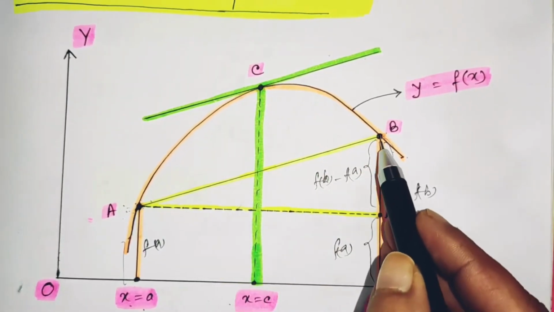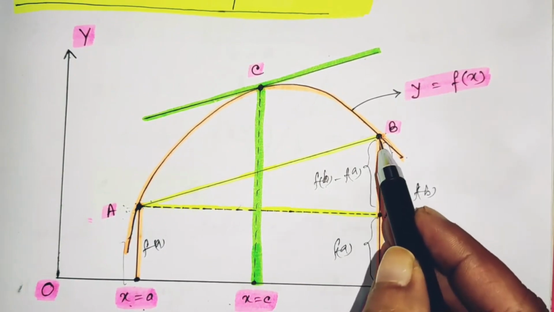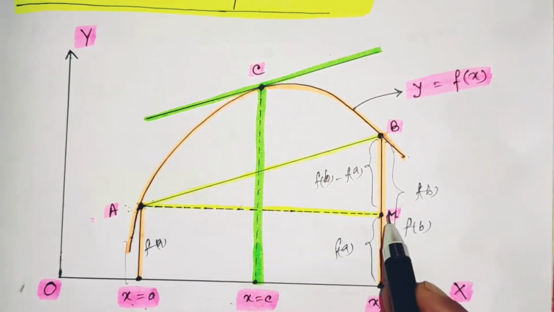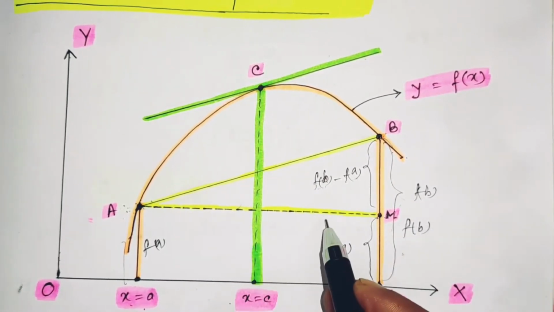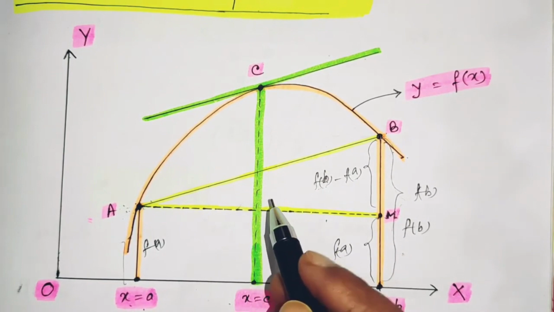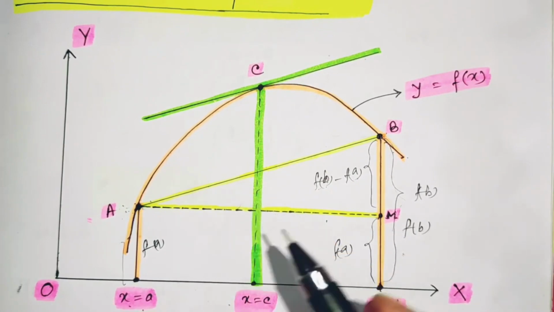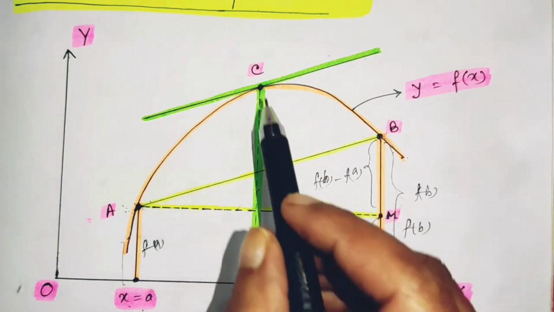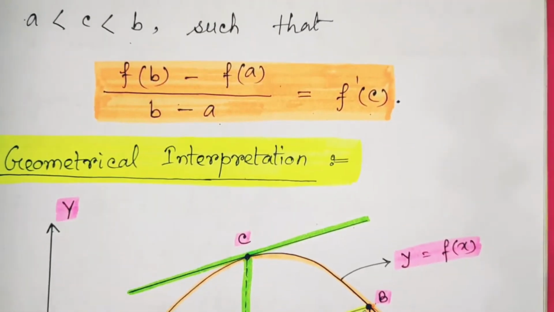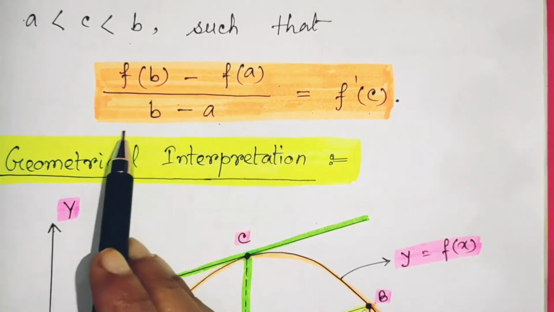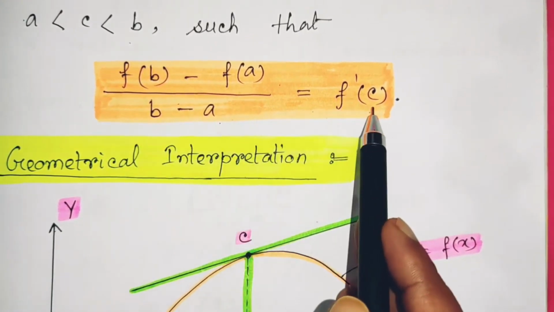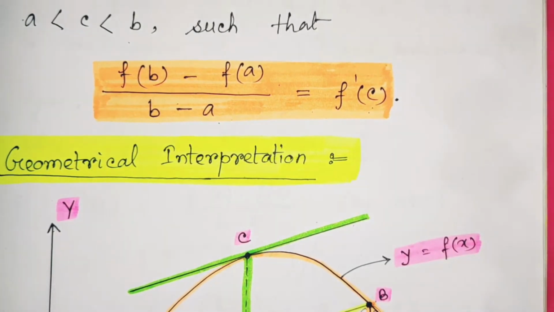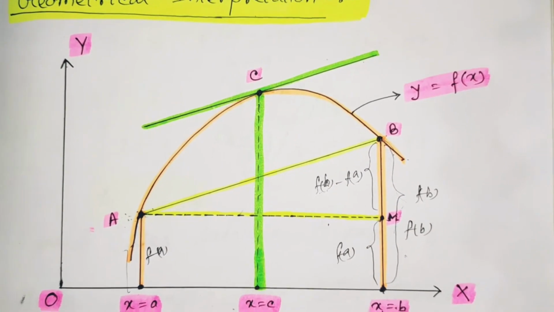This is the perpendicular, f(b) minus f(a), and this is the base, b minus a. Perpendicular by base is nothing but tan theta, and tan theta is nothing but the derivative of the function, is it not? That is why the formula for the mean value theorem is (f(b) - f(a))/(b - a) = f'(c). That is verified. So this is our Lagrange mean value theorem and this is its geometrical interpretation.